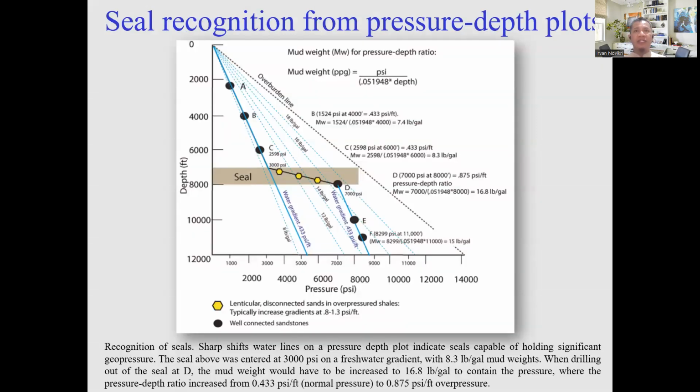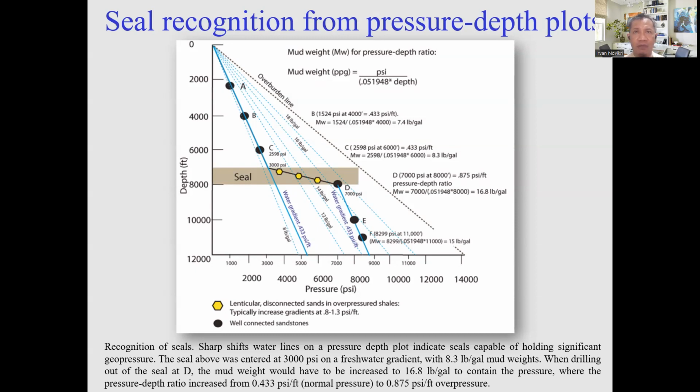The following figure shows a graph that represents the relationship between pressure and depth in a well. The graph also includes lines indicating different mud weight equivalents and the freshwater gradient. Points E, B, C, D, and F on the graph represent recorded pressure values at various depths below sea level.